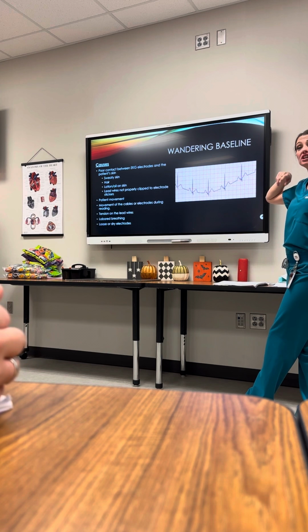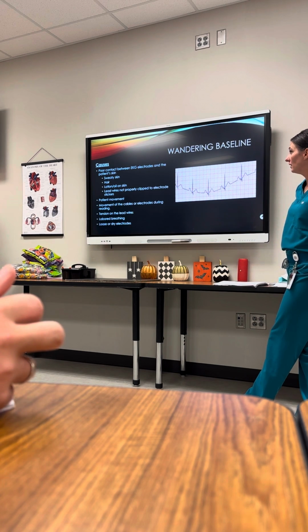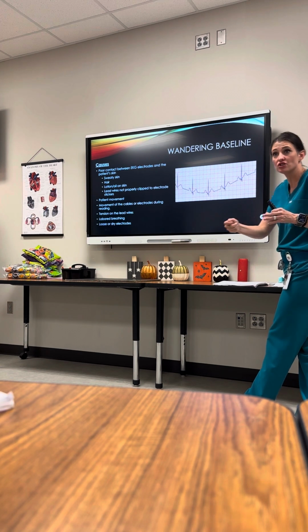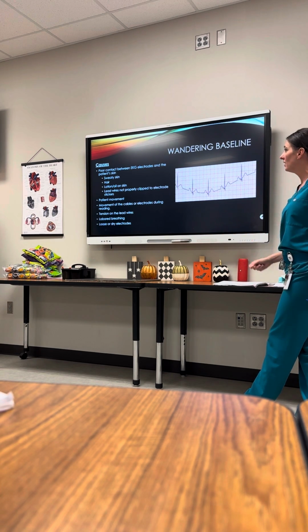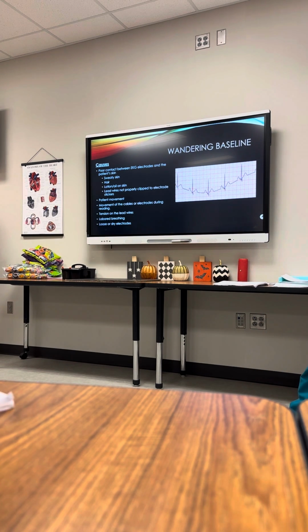If the patient is moving, movement of the cables or electrodes during the reading, tension on the lead wires. You know how those wires get totally tangled up sometimes, and if you're trying to stretch one to a certain area, that could be causing this. Labored breathing, loose or dry electrodes. That's a lot of causes for wandering baseline, but you do need to know them.